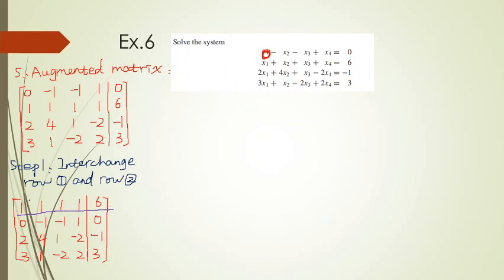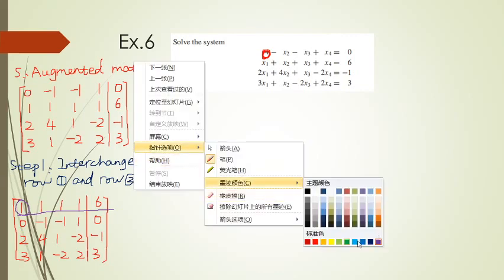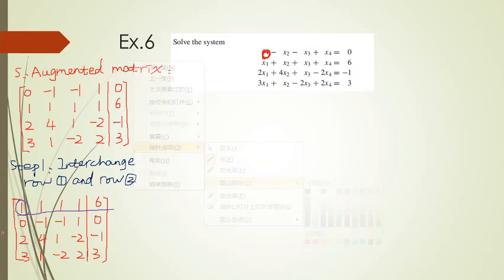And then this A11 is 1, right? So for the second row, this coefficient of x1 is already 0. So we are not going to do any row operations for the second row. It's already 0.